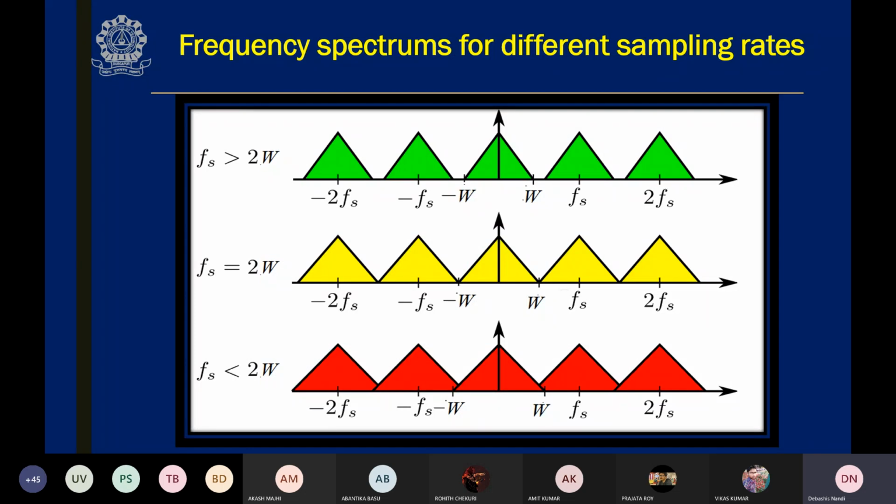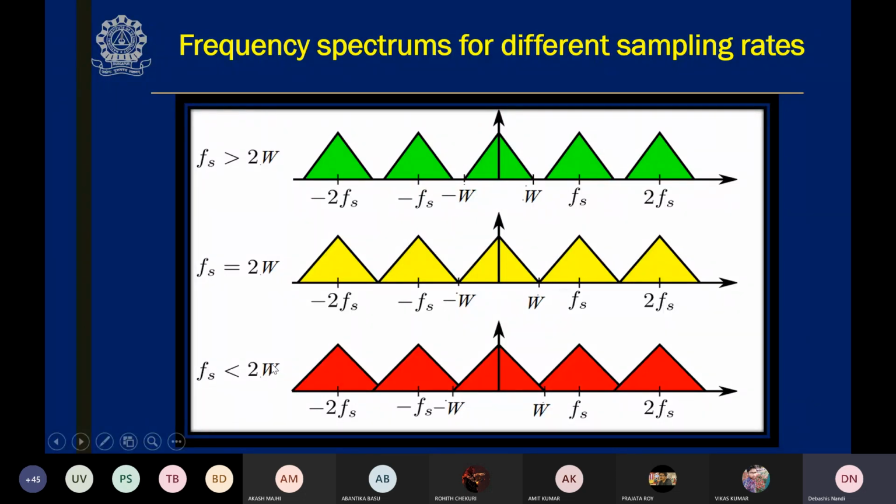So at the filter output you will get some unwanted frequency components, and the shape of the reconstructed signal will be distorted. It will not be equivalent to the original signal. That is called the aliasing effect. Aliasing effect occurs when the sampling frequency Fs is less than twice W, twice the bandwidth of the original continuous time analog signal.